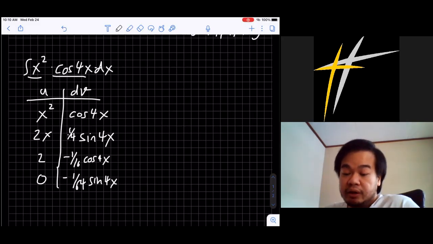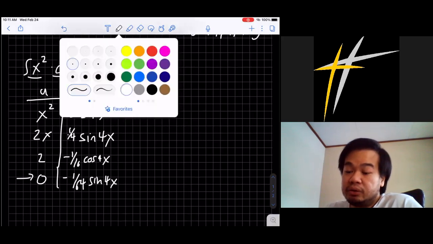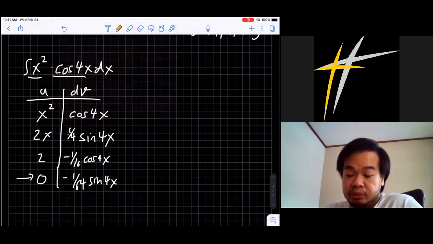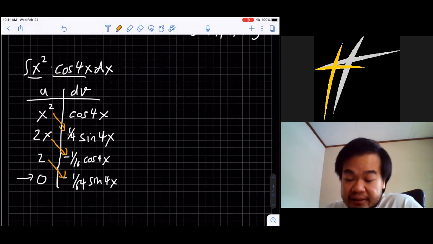After you create this table, you stop when u is equal to 0. Then you do a cross multiplication like this, and the sign alternates: positive, negative, positive.